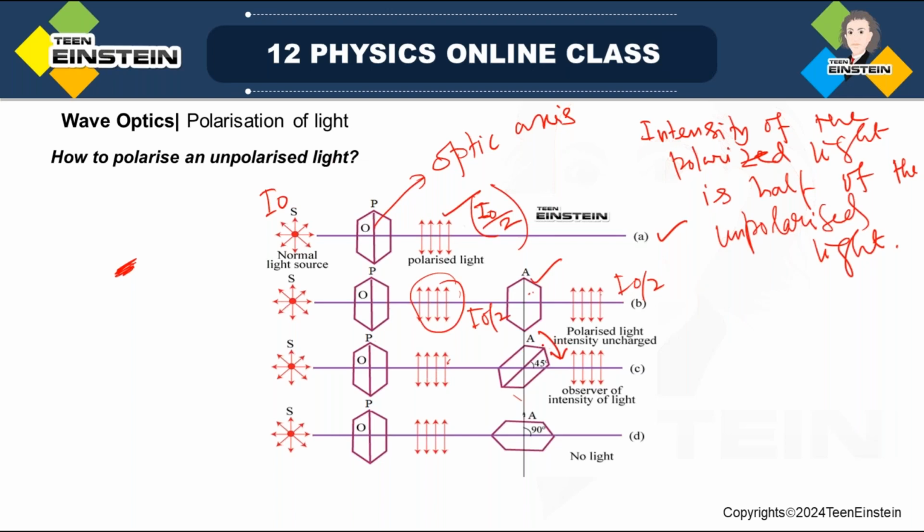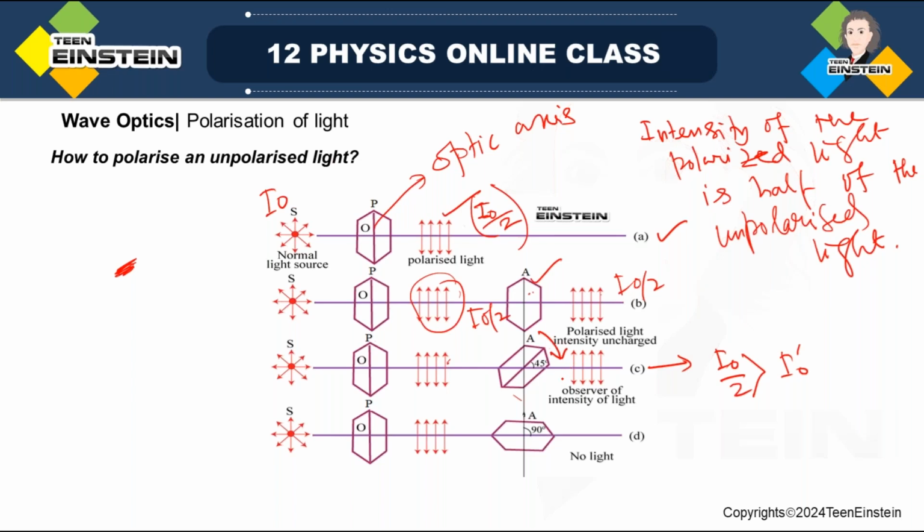So if you rotate this analyzer in its plane about this incident ray axis, then at some point you will have an intensity I0 prime, which is less than I0 by 2.